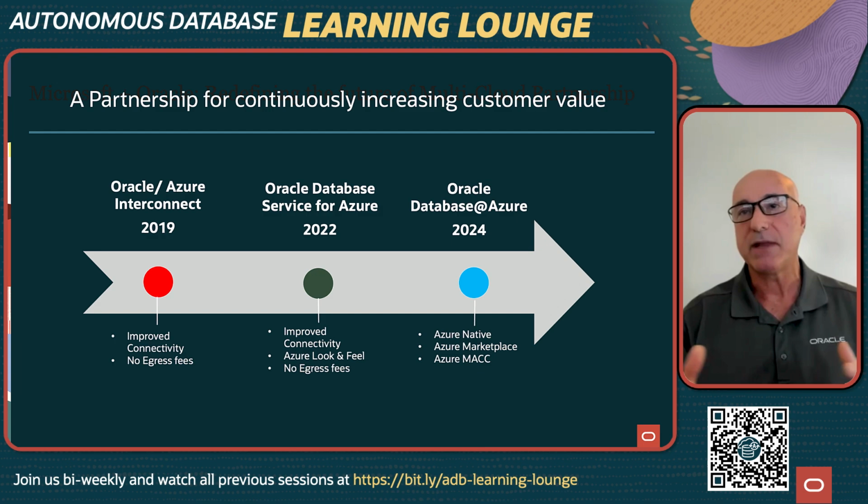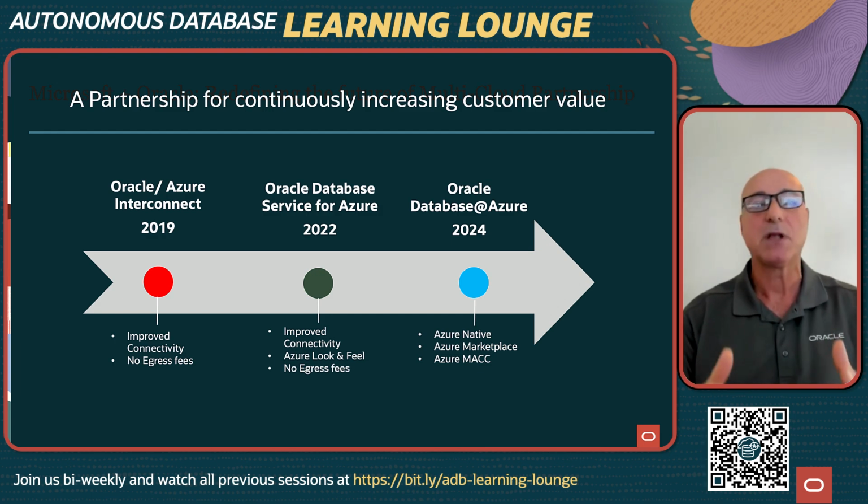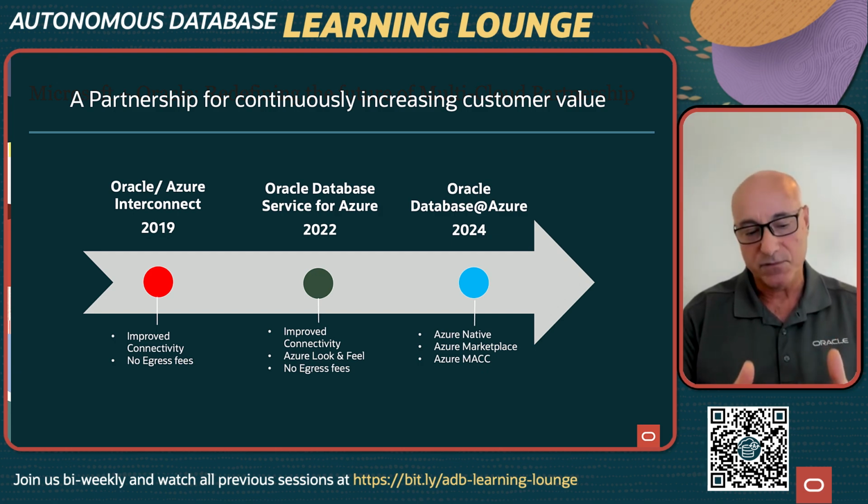And as Marty said, that was at the very top level of both companies, between Satya and Larry. But we also introduced our best database services within the Azure marketplace in a consumption model where customers can use their committed Azure credits. So again, we continue to innovate and meet customers where they are.